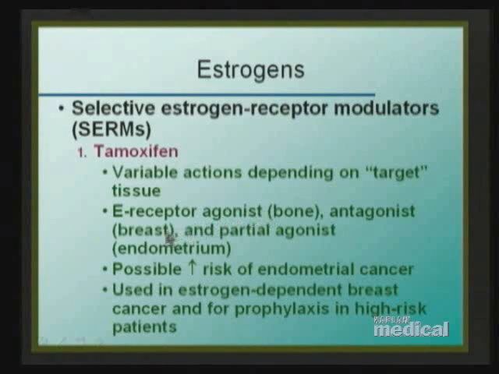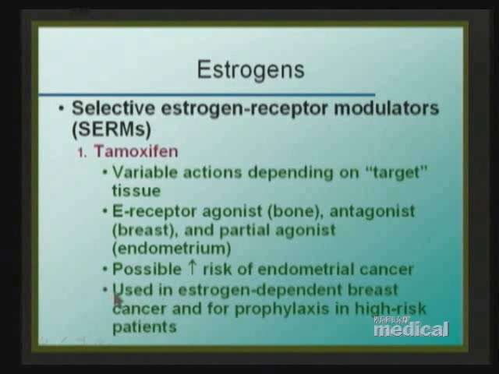But in a tissue such as breast cancer, which has a tremendous amount of estrogen and estrogen-like substances promoting its growth, the partial agonist will behave as a blocker. In the endometrium, it tends to work as an agonist also. Now, as a result of the agonist effect in the endometrium, there is always a possible increased risk of endometrial cancer when postmenopausal breast cancer females use tamoxifen.